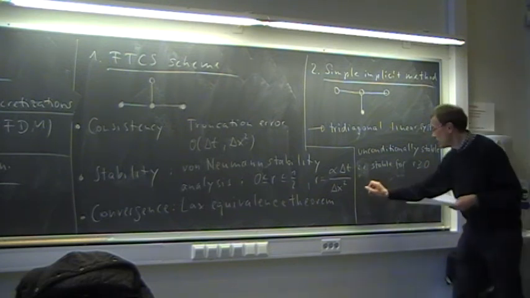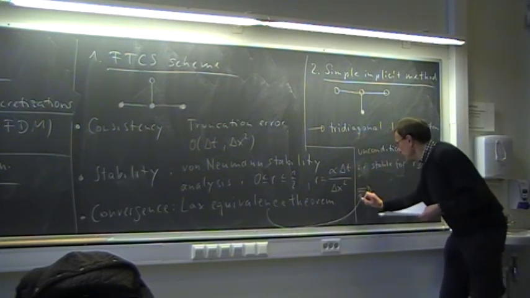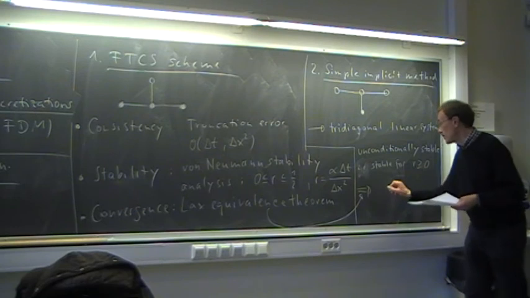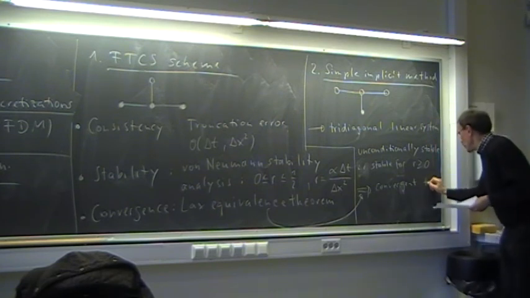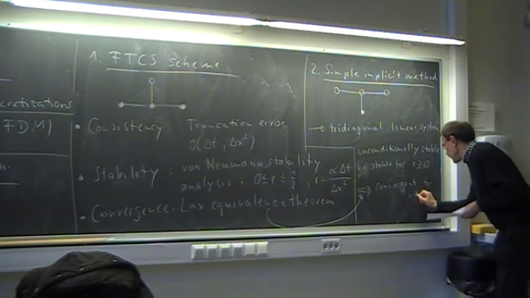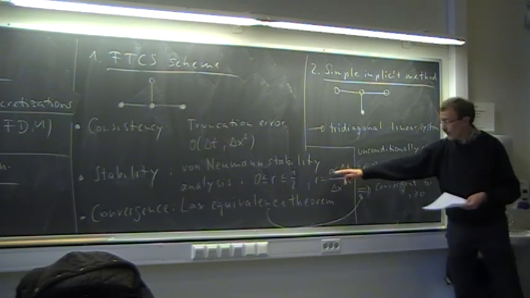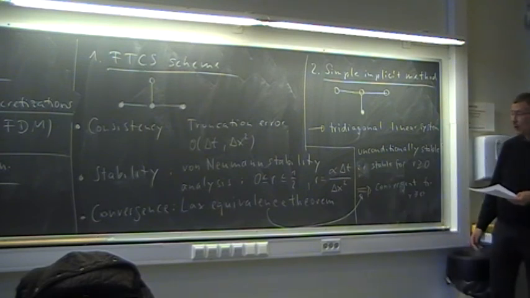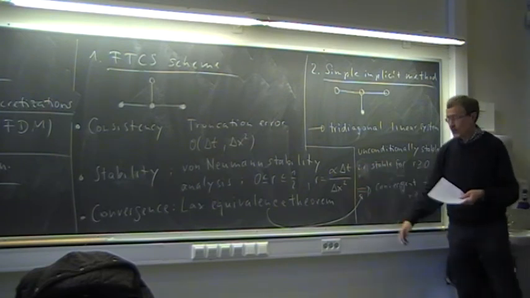And from that, we can then use again the Lax equivalence theorem to conclude that it is convergent for R greater equal 0. So for any reasonable value, because alpha we have to choose positive to get a well-posed problem. And then delta t is of course positive and delta x squared also.